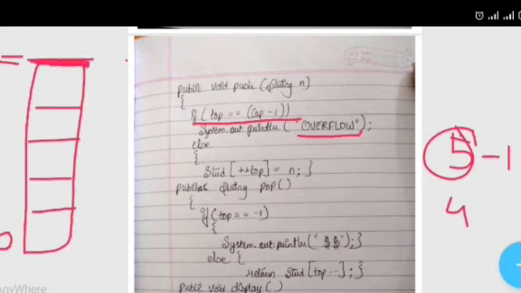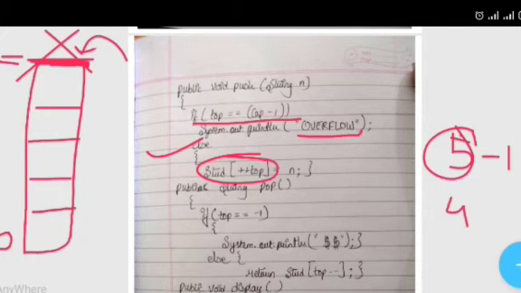stud, which is our array to store the names, plus top, means increment top, is equals to n. What was n? N is the name of the student or a particular person that is sent by the main function to this void push function.